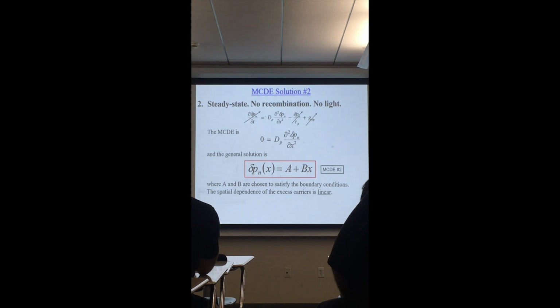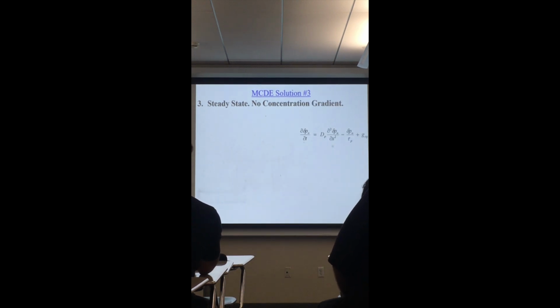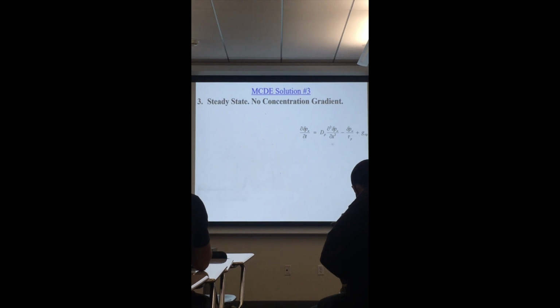Okay, good. Now let's move on to the third case. For the third case, we have steady state and no concentration gradient. For steady state, this term is 0. And how about no concentration gradient? What does this tell us? The diffusion term. Which term is it? Yes, this one. This is the gradient in carrier concentration, so this term is 0.